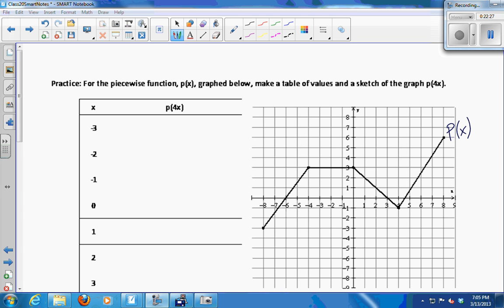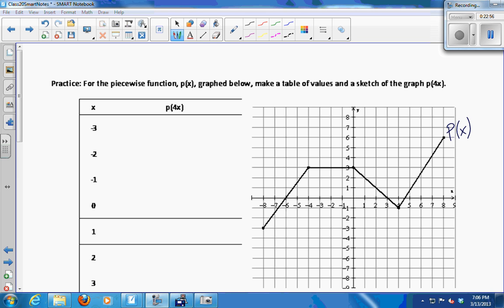If you want to start at the table, that's fine. You can always start with the table. But I know that when I multiply on the inside by a number bigger than 1, that's going to shrink my graph horizontally by a factor of, in this case, 1/4. Multiply by 4, it's going to horizontally shrink my graph by a 1/4. So I'm going to take each x coordinate of some important points and multiply it by a quarter.